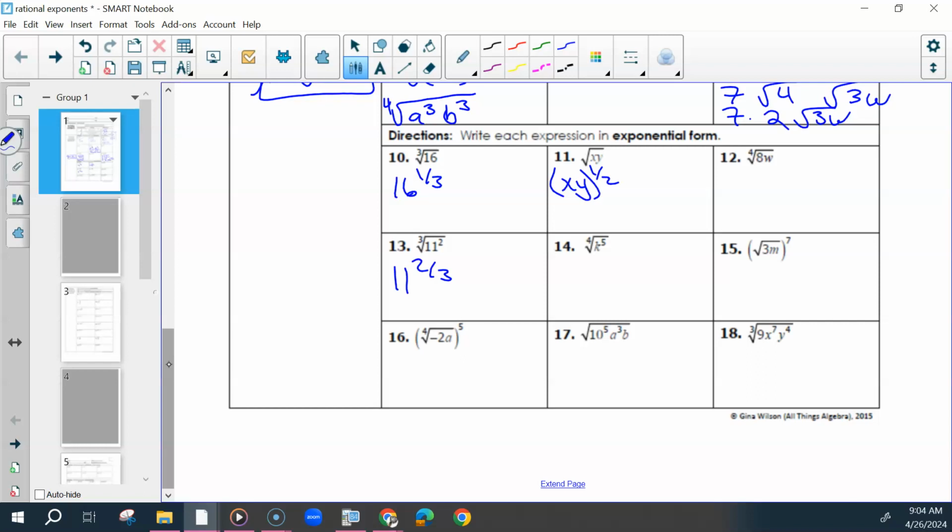Focus on just this part first. The root's going to be similar to 11. And how we wrote 11, we're going to start off with that. It would be both 3 and m. To what power?